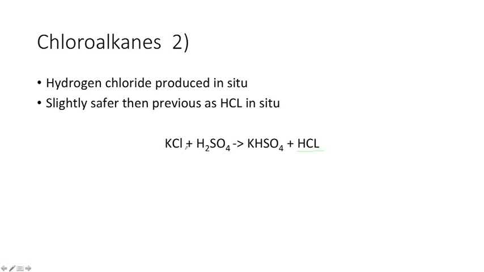We react KCl and sulfuric acid, which is concentrated. Remember, it has to be concentrated, otherwise it won't work. And this means it's safer because we're getting this produced in situ. So let's take, once again, our propan-1-ol.